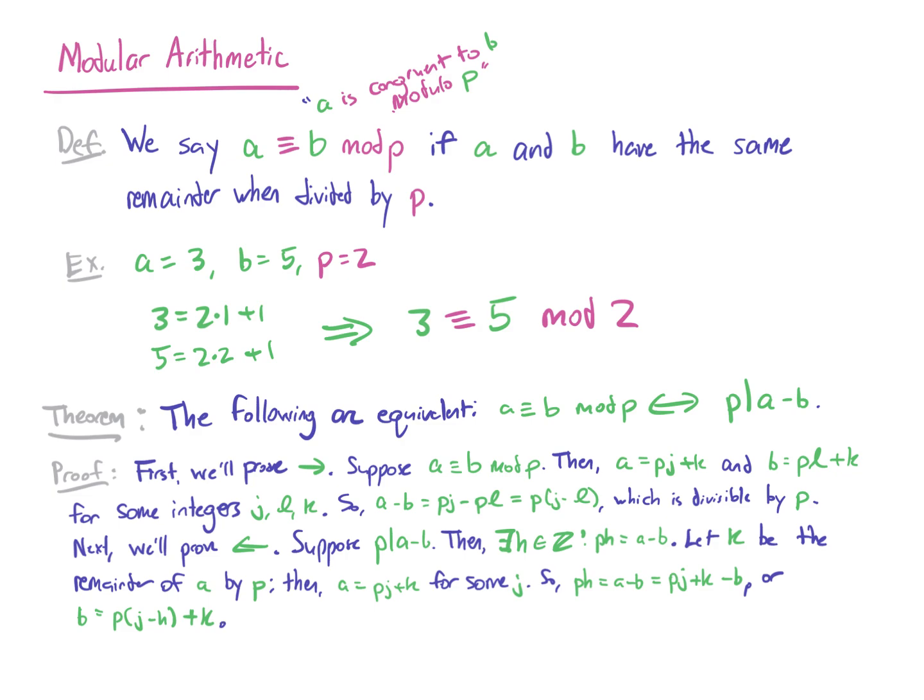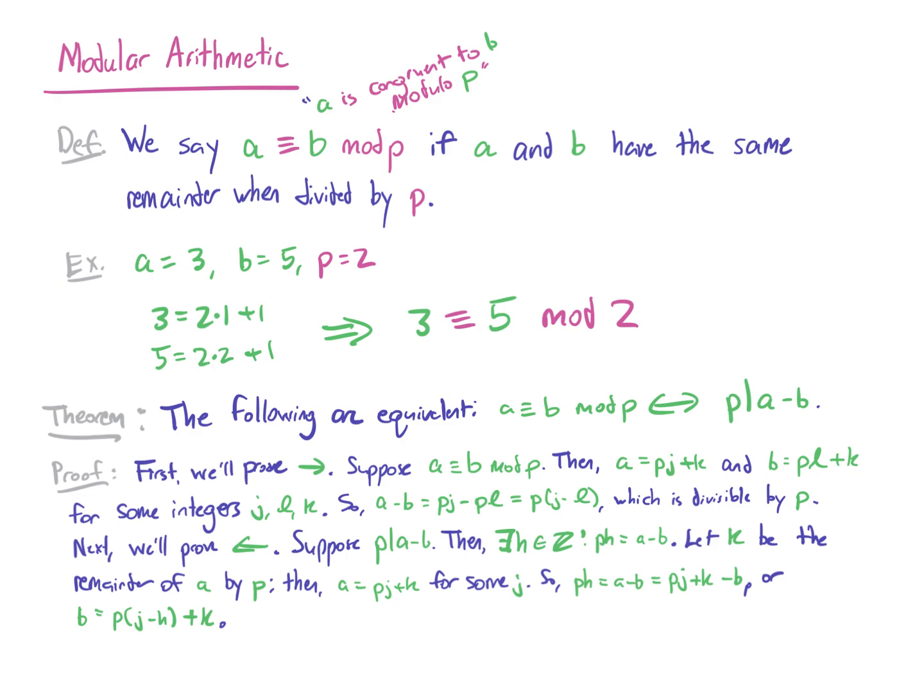Now, this is our punchline in this direction because we found that, okay, k was the remainder of a when divided by p, but k is also the remainder of b when divided by p because we have written b in this integer division form.